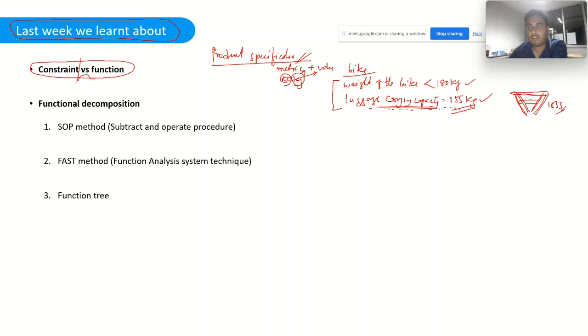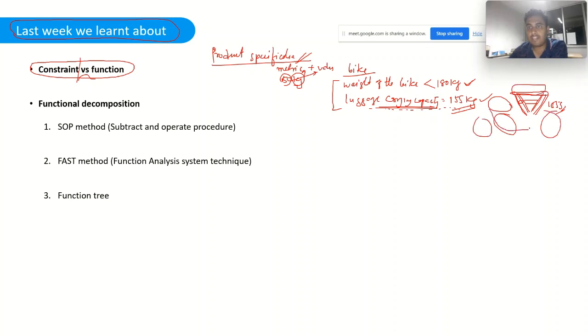But weight of the bike less than 180 kg is not something we can decide prior to deciding all the various components, because a bike has a fuel tank, chassis, engine, seats, wheels.